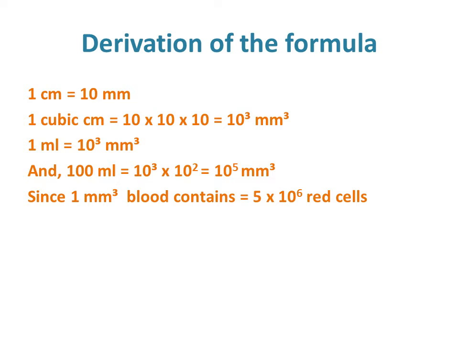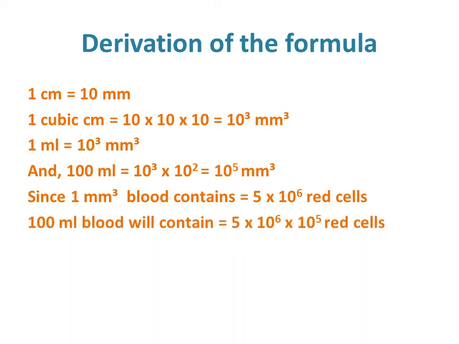Since 1 cubic millimeter blood contains 5 into 10 to the power 6 red cells or 5 million red cells, 100 milliliter of blood will contain 5 into 10 to the power 6 into 10 to the power 5 red cells, that is equal to 5 into 10 to the power 11 red cells.